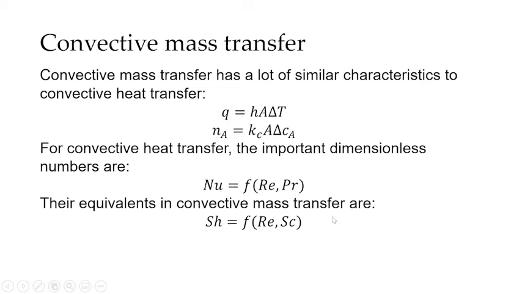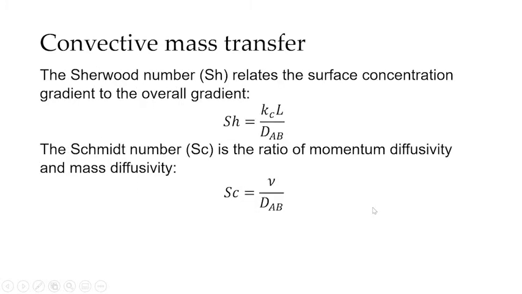So let us define the Sherwood and the Schmidt numbers. The Sherwood number relates the surface concentration gradient to the overall gradient, just like the Nusselt number does in heat transfer. So we solve for the Sherwood number as Kc times L over D_AB, wherein Kc is your mass transfer coefficient, L is the characteristic length of your system, and D_AB is the mass diffusivity.